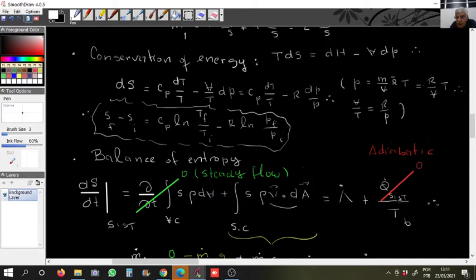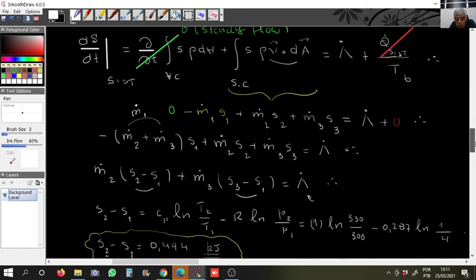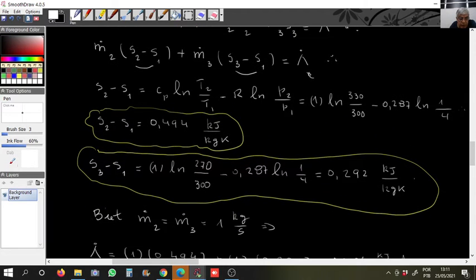Now, S3 minus S1 is just 1 times the natural log of the temperature at 3 divided by the temperature at 1, minus, here is the gas constant.